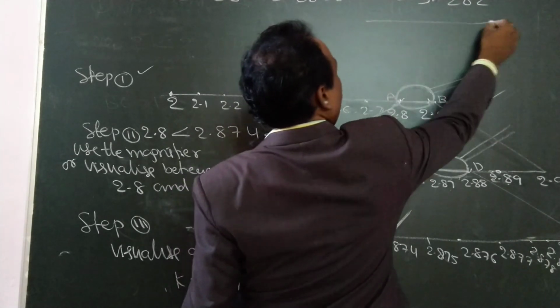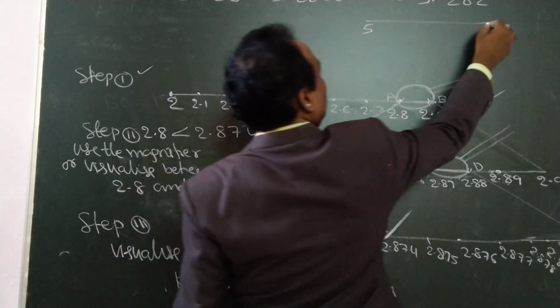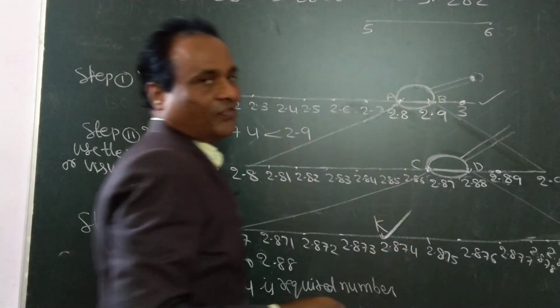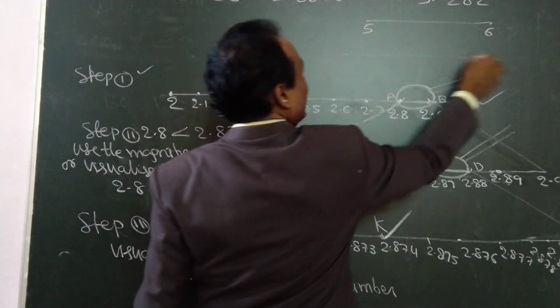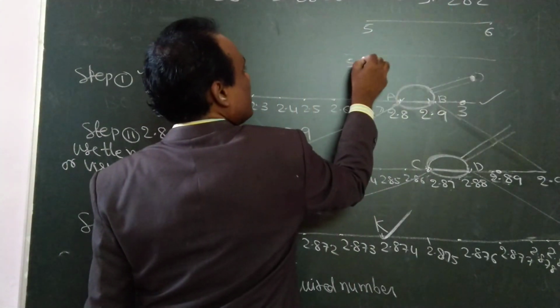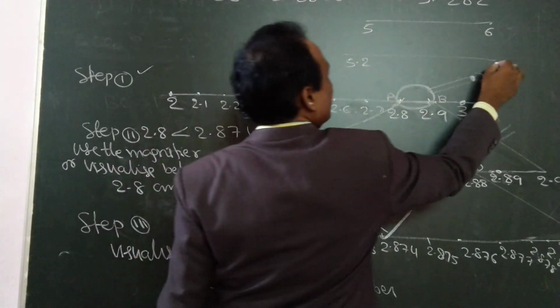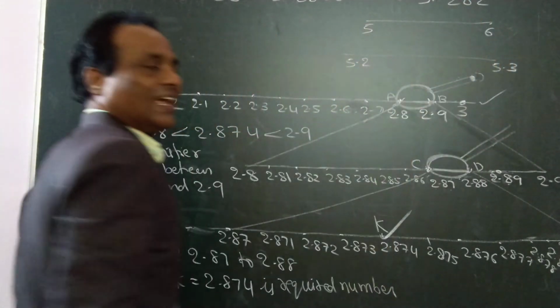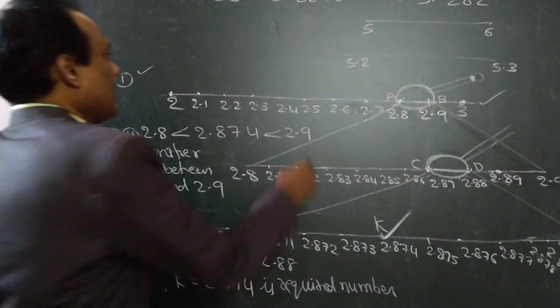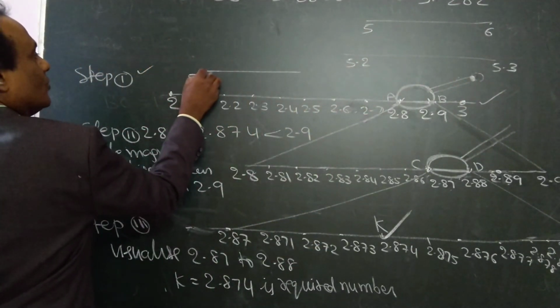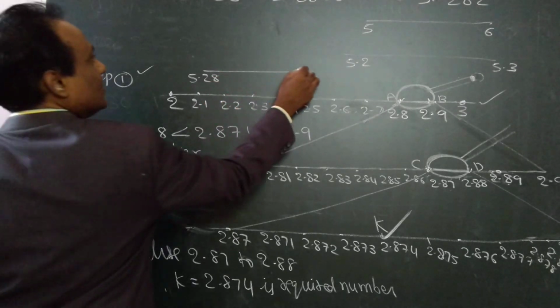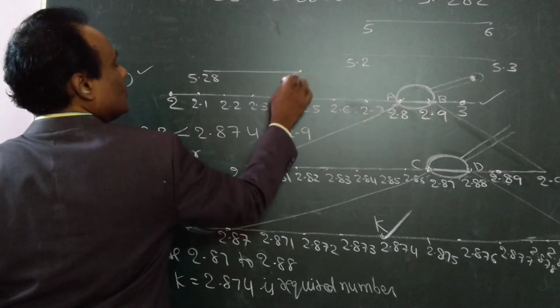See here. First take 5 and 6 because it will lie between 5 and 6. And next between 5.2, 5.3, like that. Next 5.28, 5.29.